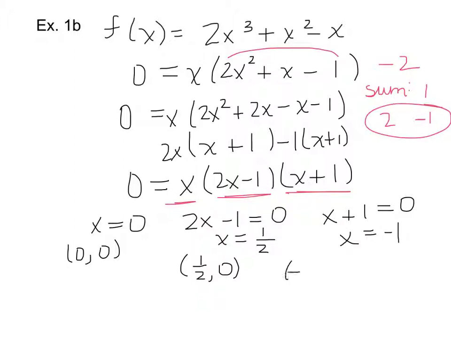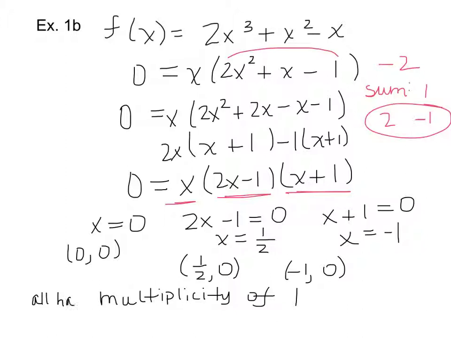And this would be -1, 0. All of these have a multiplicity of 1. Okay? So that's how you do it if it's not in factored form.